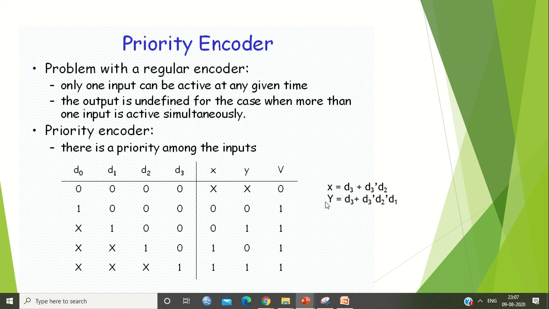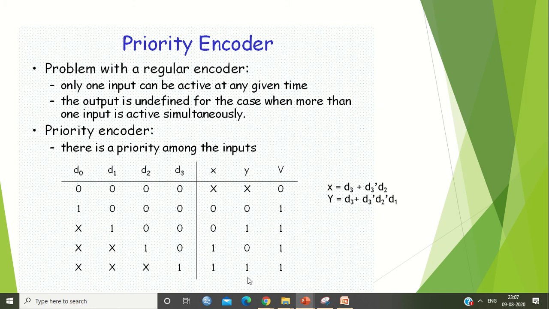Now see here, you want to give the expression for X. For X it's 1, so it can have any value of 0 or 1. Let's take it as all 1s. When you plot this, you are getting only D3. But when you go for your next X equal to 1, this value gives D3 dash into D2.